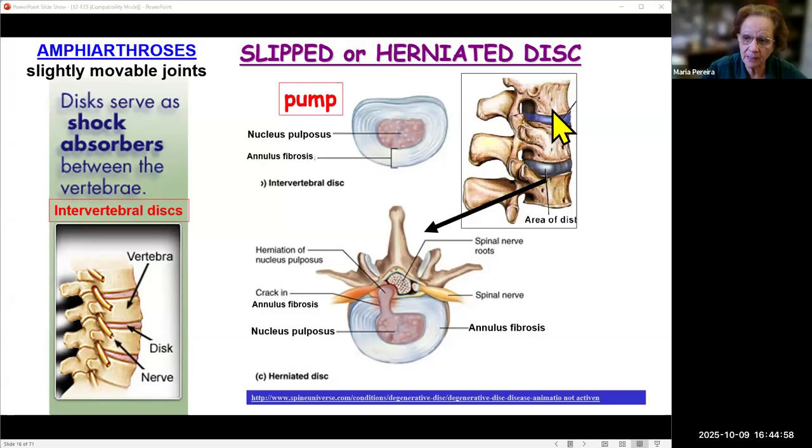When you apply pressure, when you're standing up and have weight on the spine, then water comes out of the nucleus pulposus, and the height of the intervertebral disc is smaller. So it can expand and go back to its original position, and all this depends on the release of water from the nucleus pulposus.